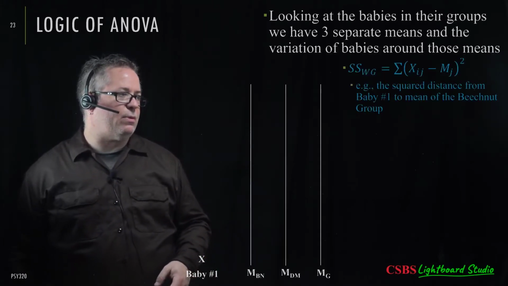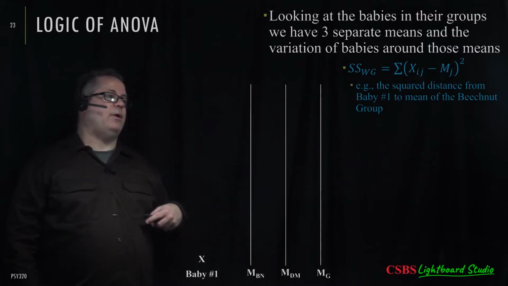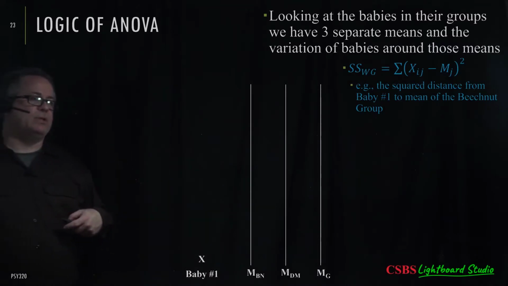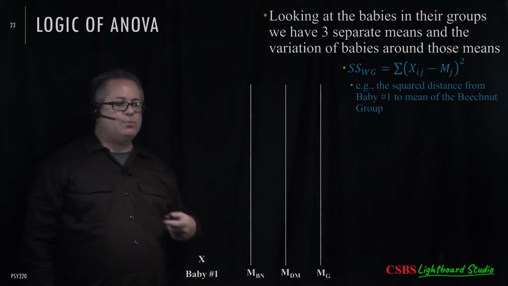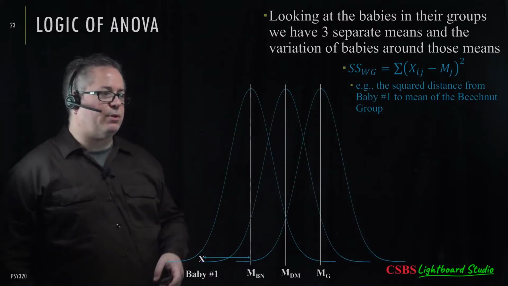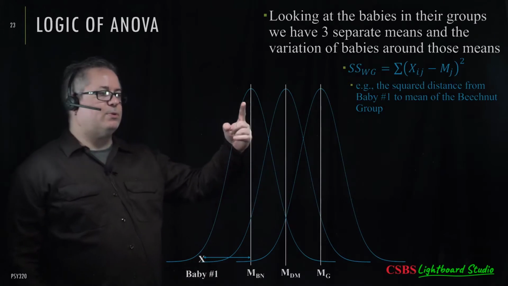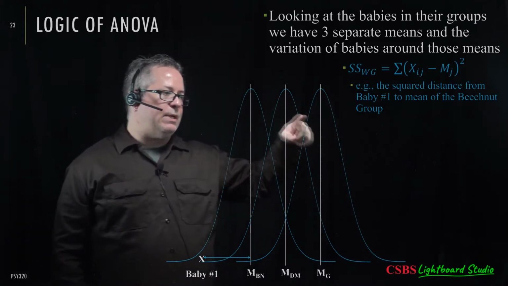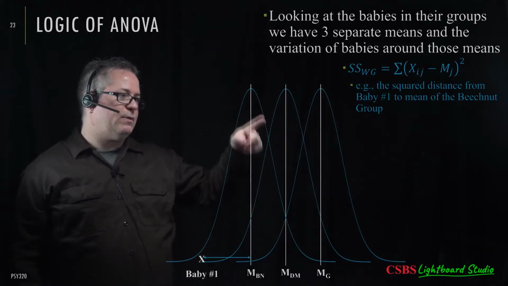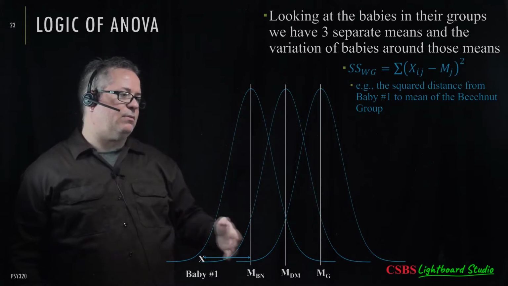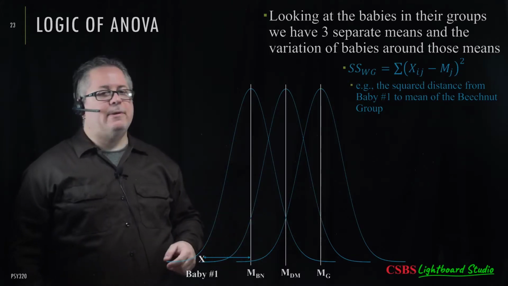So we can start thinking about how baby number 1 looks relative to their own group. Here are the 3 groups and their variabilities. The groups are differing from each other somewhat, but they have their own variabilities that we've seen, the within-groups variability.